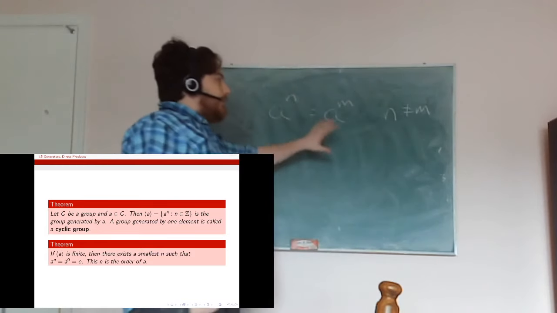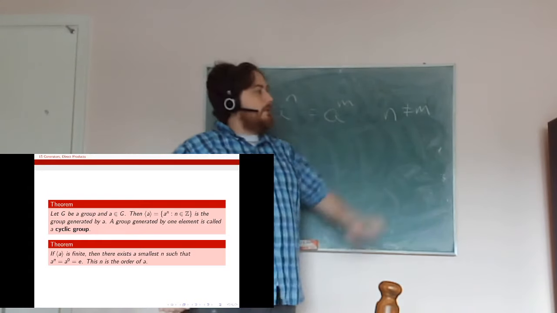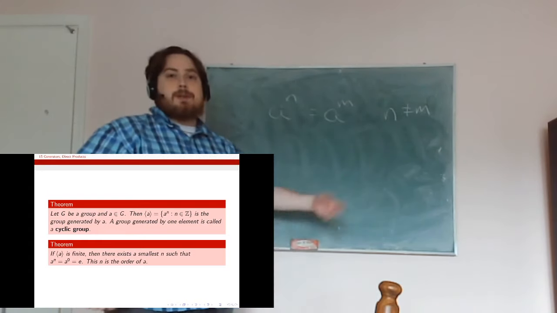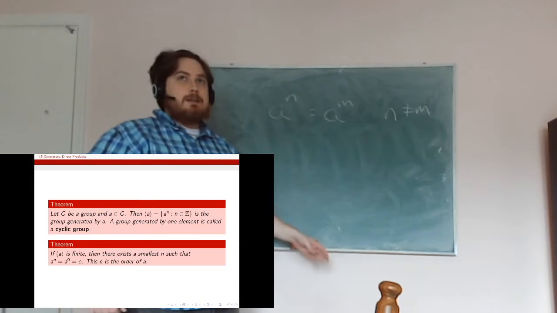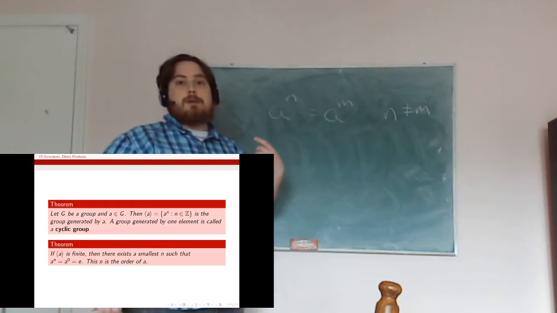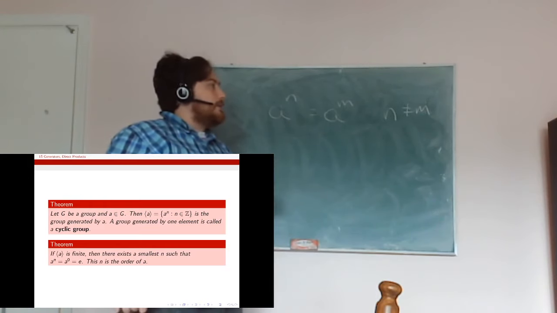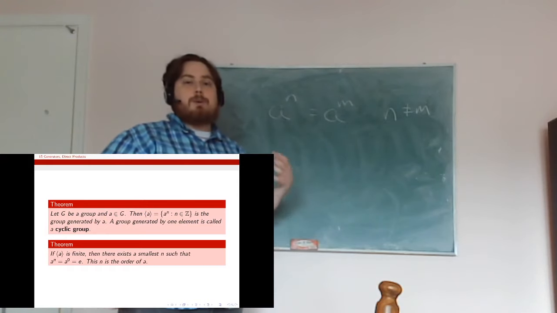Now, I just said if this doesn't happen, that is, these are never equal when n and m are not equal, then we get something that looks like the integers, and it's infinite. So the only way it can be finite is if this were to happen. So if this were to happen, what I want to know is what would that imply, and what would my group have to look like?